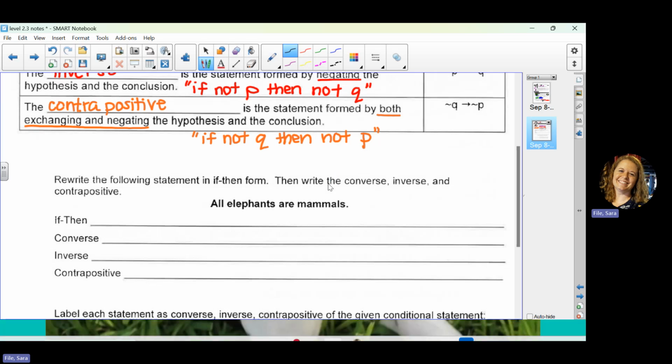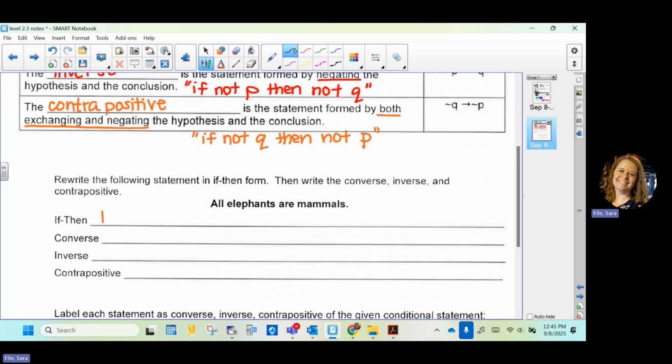What they're saying is if it is an elephant, then it is a mammal. That's what this means, right?